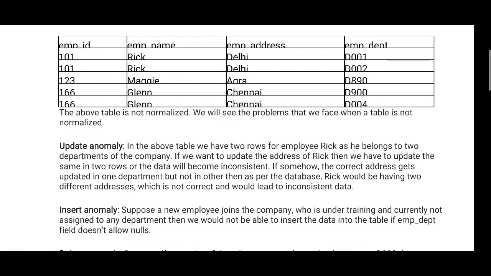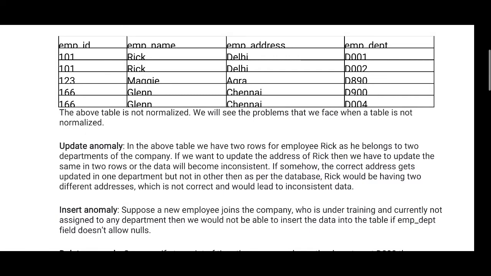The correct address gets updated in one department but not in the other as per the database. Rick would be having two different addresses, which is not correct and would lead to inconsistent data.